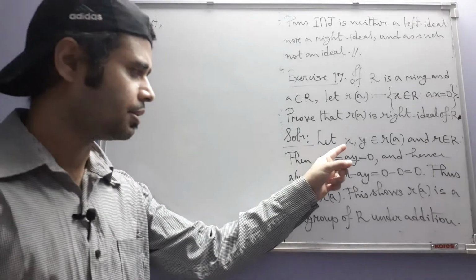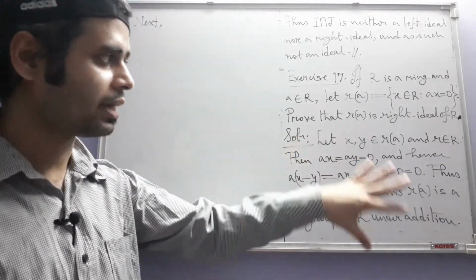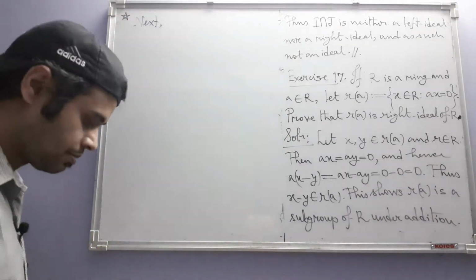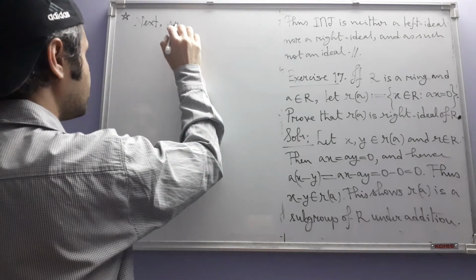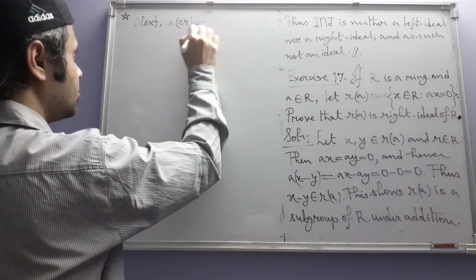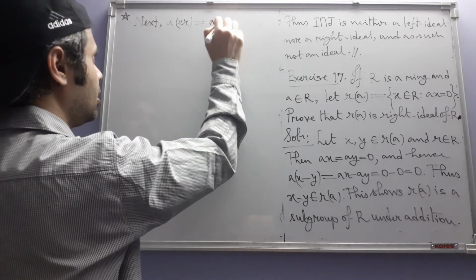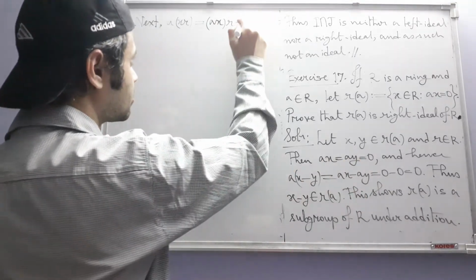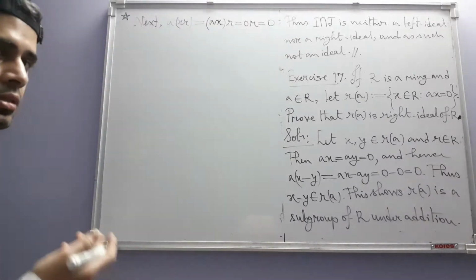So that means this arbitrary element of RA, we have to multiply it from the right by a ring element that we have taken. So XR. Next, if we multiply A by XR from the right hand side, what do we get? Because of associativity of multiplication, I can write it as AXR. But AX is 0, so that means 0R, and you already know that in a ring 0 times anything is again 0.